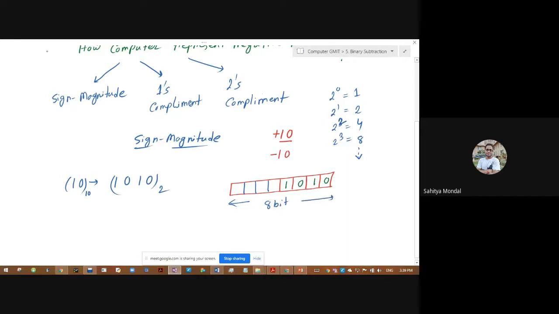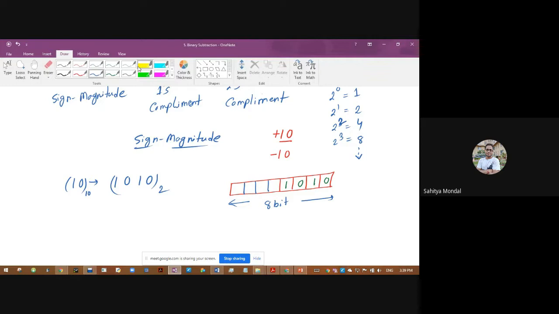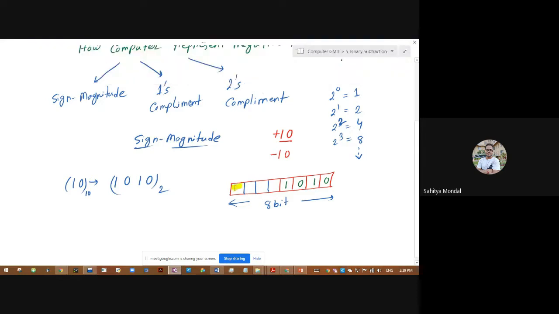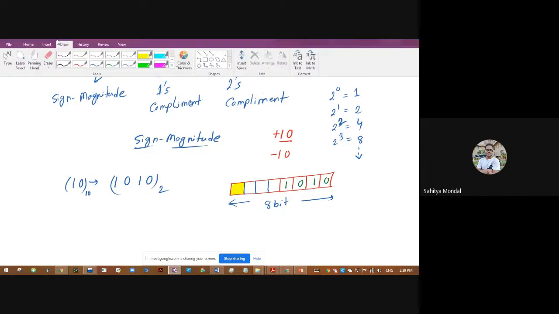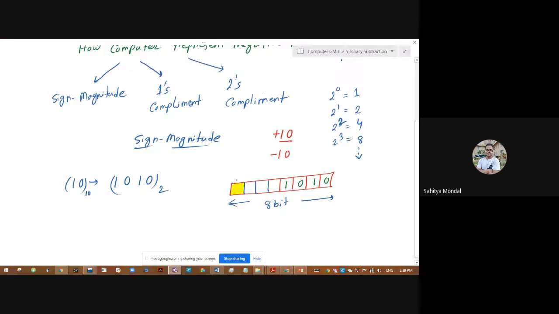Now the leftmost bit, I am marking it yellow. This is reserved for the sign. The rule is that in the leftmost bit, it can have either 0 or 1.